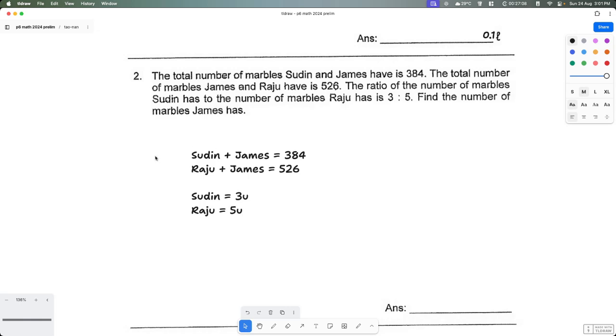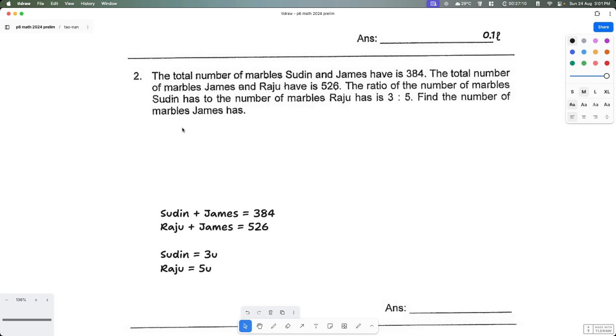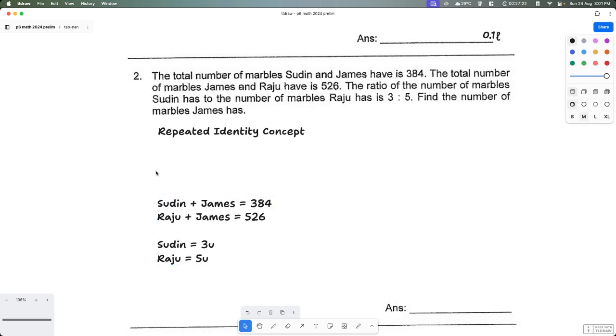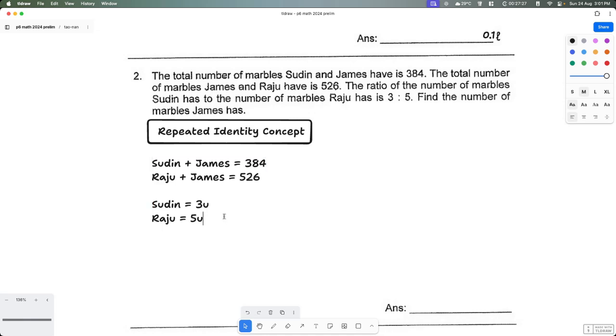This is what we call the repeated identity concept. Essentially, if you were to draw this out, you can minus them off together. You can draw a model, but for me, I'm not going to draw a model. So essentially, if I were to minus Sudin and James, I will just swap them in.